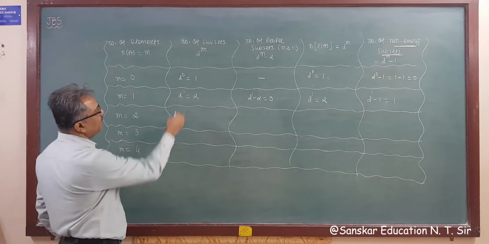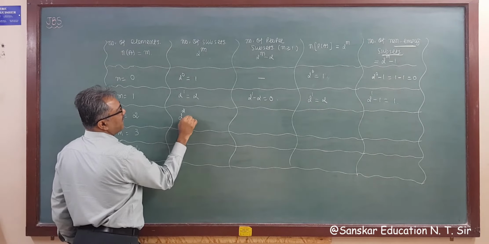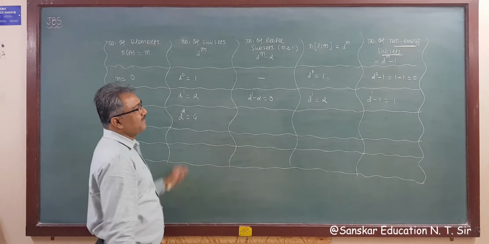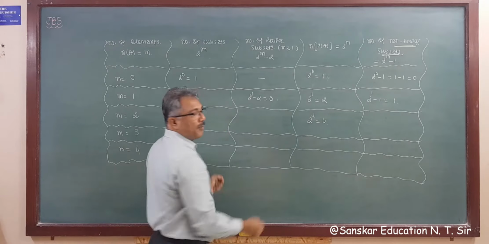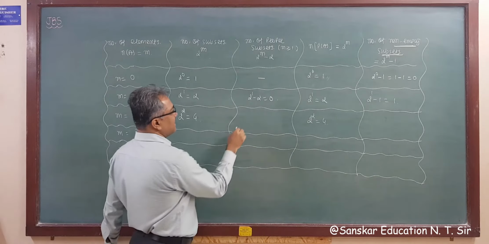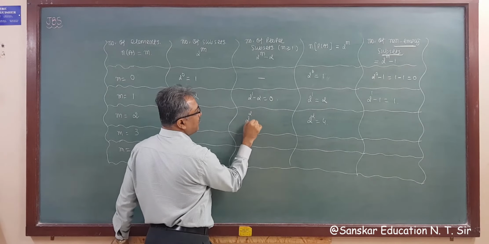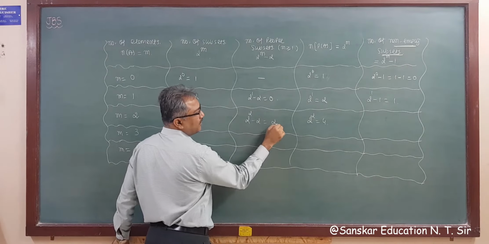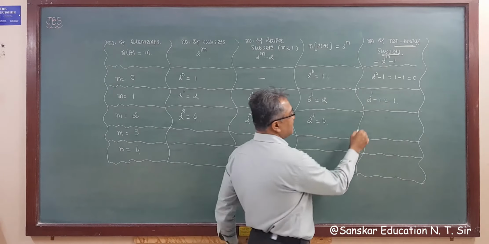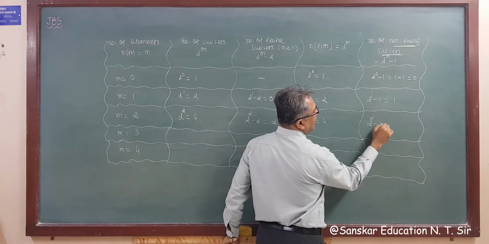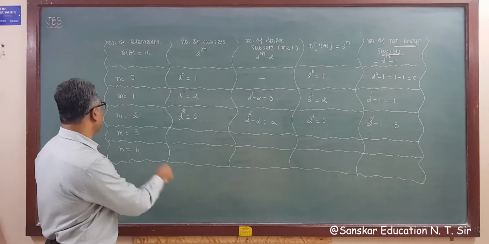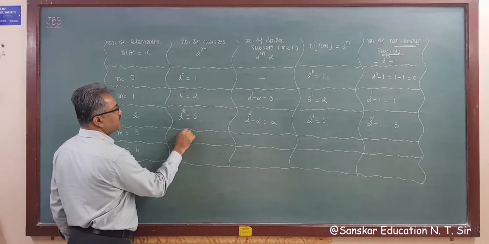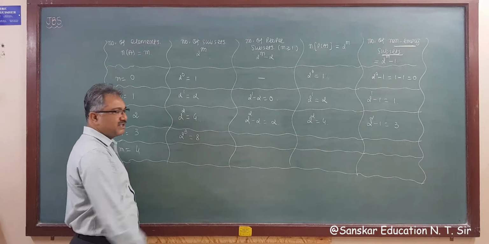For m equal to 2, 2 raised to 2, that is 4 subsets are there. Similarly, power set of A has 4 subsets, and the number of proper subsets is 2 raised to 2 minus 2, that is 2, and non-empty subsets 2 raised to 2 minus 1, that is 3. Suppose m equal to 3, then 2 raised to 3 is 8 subsets you will get.